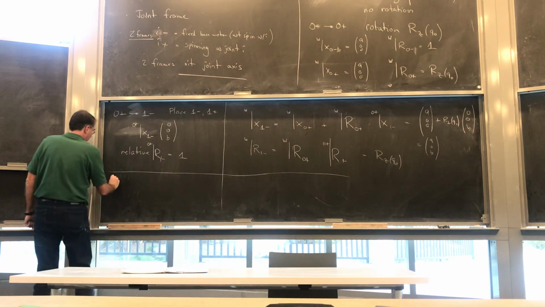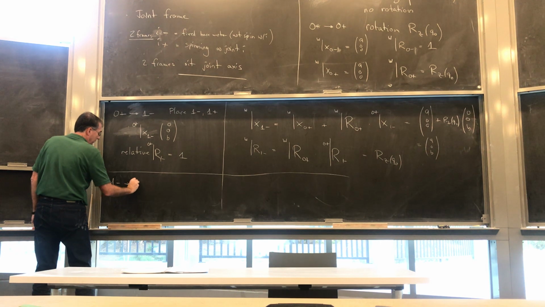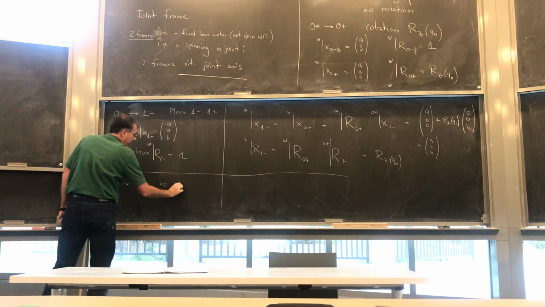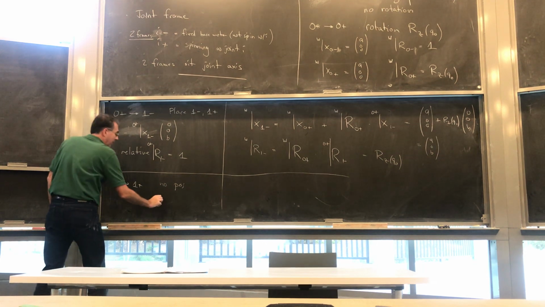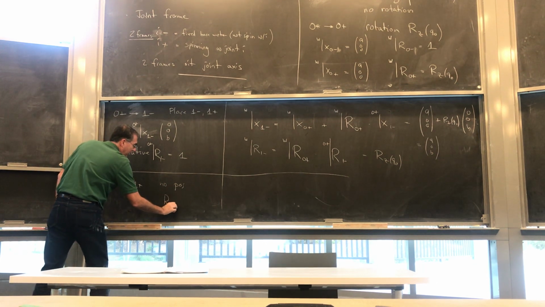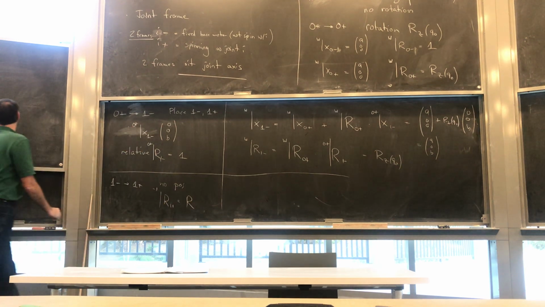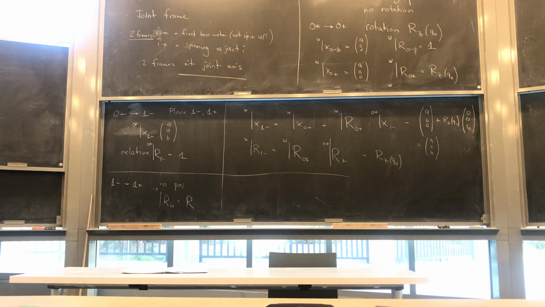So if I go from 1 minus to 1 plus, do you agree that there is no position change, because that's the whole point, I'm just spinning, and that the R1 plus relative to 1 minus in this case is an R, okay, what is it? We said we wanted this to be a rotation, I erased it, didn't I?